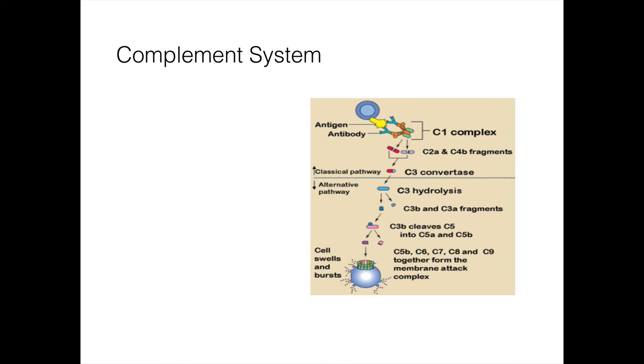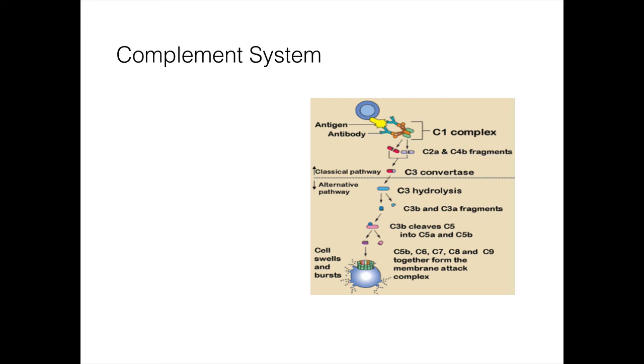In the alternate pathway, which is down below that dotted line, complement activation does not require the interaction of complement with the antigen-antibody complex, but instead oftentimes it's bacterial lipopolysaccharide or some kind of endotoxin or other bacterial substances.